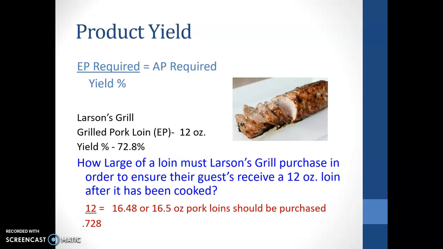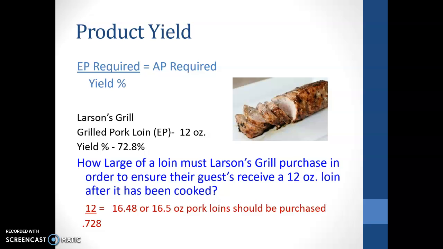That was an example for potatoes, but we can do it for anything, right? Something like a pork loin. We know there's a pretty good yield on a pork loin, but if it has a fat cap or anything like that, we also have to make sure we're purchasing the right amount. So we're looking at a kitchen manager who needs a 12-ounce portion to serve to the guests.